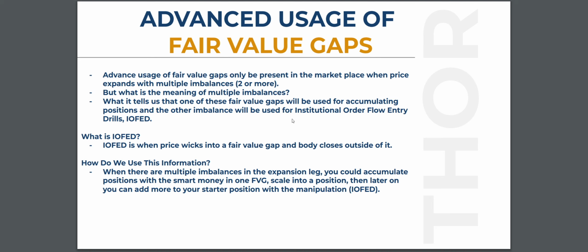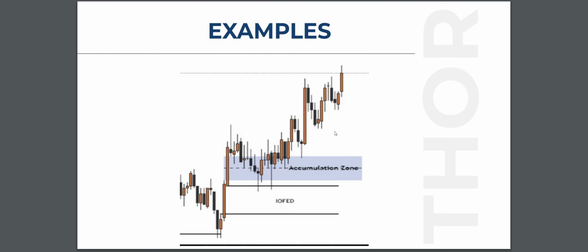But if you were to shift down into a lower time frame, you'll see it clearly. You'll see the clean power of three, so to speak: consolidation, manipulation, then expansion. You'll see that on the lower time frame.